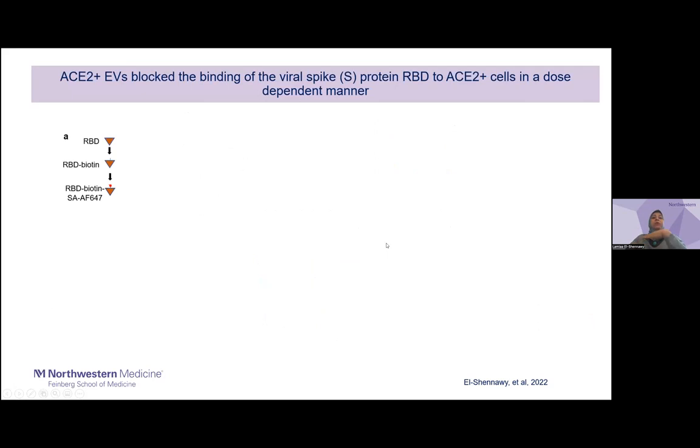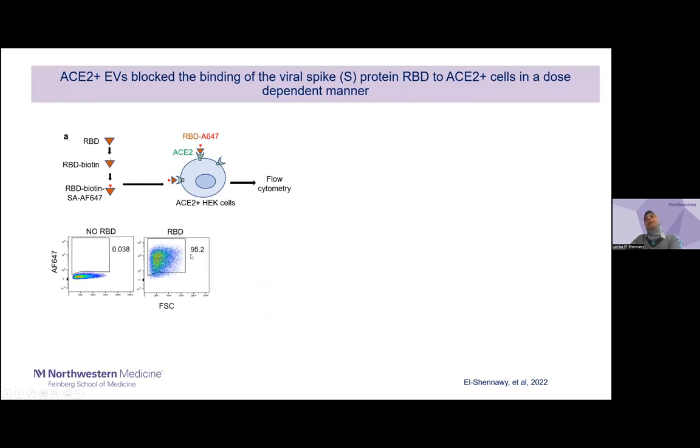So we started with a cell-based assay in which we have developed a labeled spike receptor binding domain. We labeled it with streptavidin, and we incubated it with ACE2 positive cells. So the RBD is going to bind to the cells and label them, and so they can be detected by flow cytometry, as we see here.